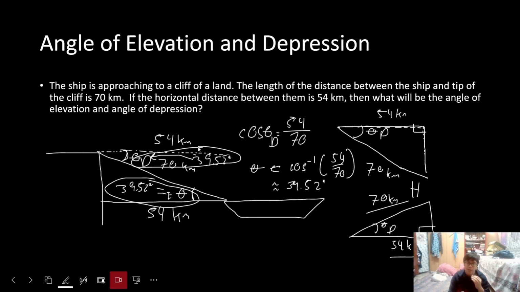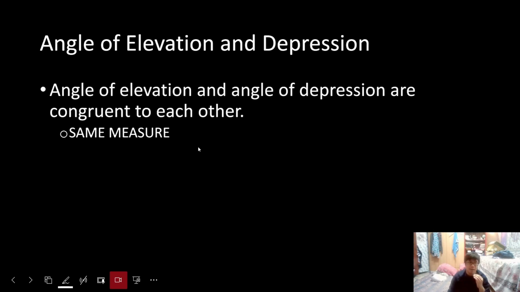So, can we conclude that the angle of elevation is just the same as the angle of depression? The answer is yes. The angle of elevation and angle of depression are congruent to each other, or in other words, they have the same measure. Now, the question is, how are we going to know if they are congruent to each other? Think of it this way. We have a rectangle.